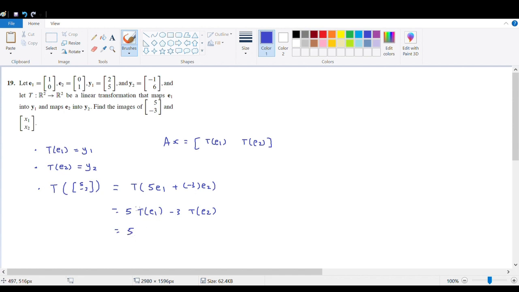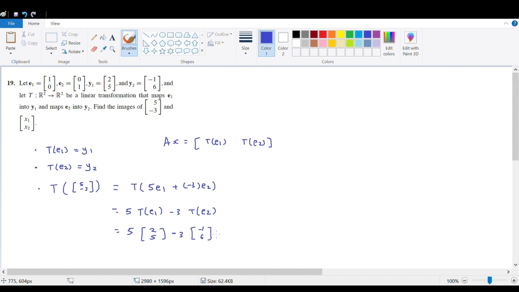It is given that it is equal y1, which is (2, 5), minus 3. What is T e2? It is given that y2, which is (-1, 6).